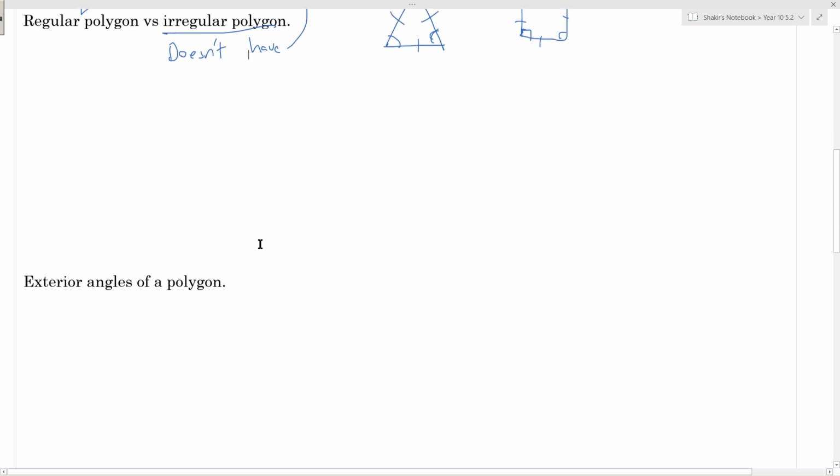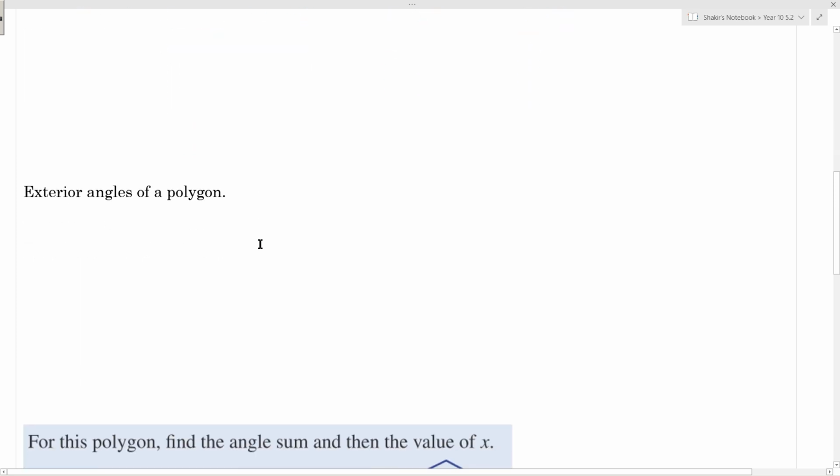Okay, moving on. Exterior angles of a polygon. What do we mean by an exterior angle? For example, we're going to use this shape, a pentagon. If you pick any side, I'll do it in red, I'm going to extend this side on.